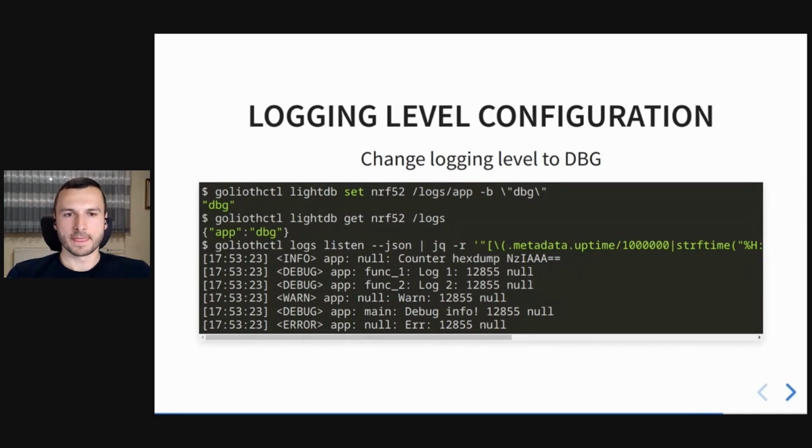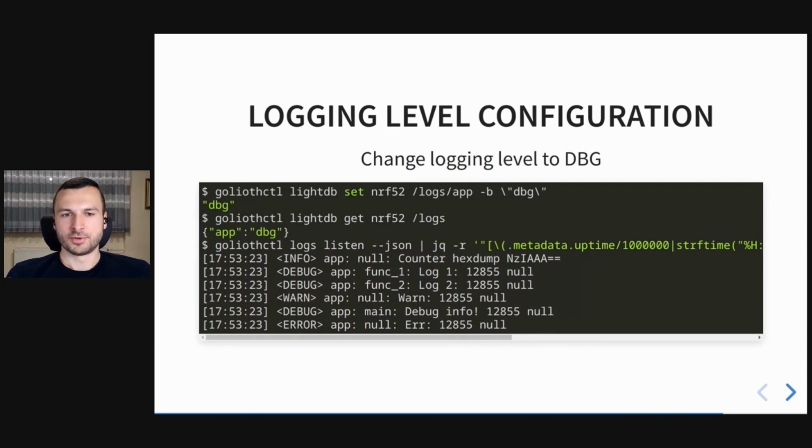The Golioth CTL LightDB set is issued. Then we can check the contents of the LightDB using LightDB get to be sure that we have modified the database correctly. And then we can run the Golioth CTL logs listen command with JQ formatting. And this is the output of the messages that are produced in an infinite loop.